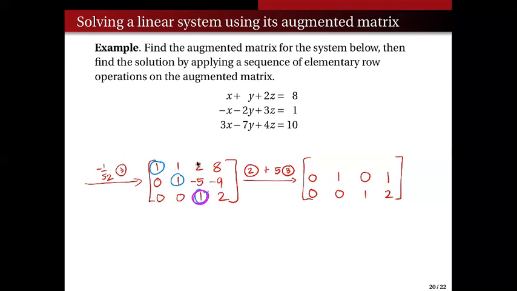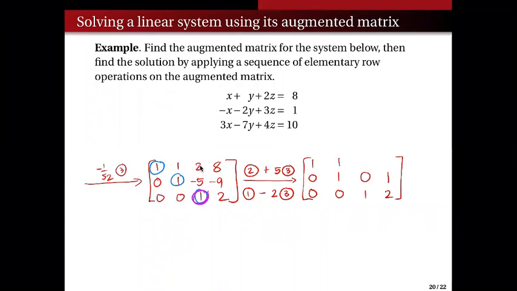Let's look at this. We want to replace this guy with 0. So again, using the third row, we will replace first row by adding first row minus twice the third row. Okay? So what will happen to that? First row minus twice the third row. 1 minus 0, that's still 1. 1 minus 0 here, that's still 1.